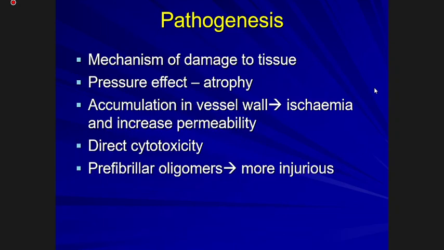Amyloid protein can be toxic to the cell as well, so it can cause direct toxicity to the cell. It is also found that the prefibrillar protein, before it becomes completely fibrillar, or the prefibrillar oligomers, can also accumulate, and this is actually more injurious to the tissue.